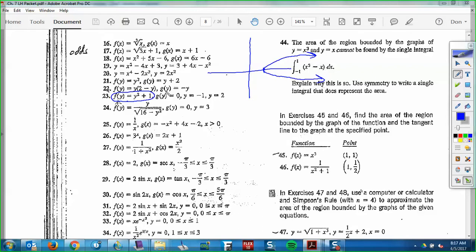Okay? And then what is this? Skylar, what's g of y equals 0? Which one? So let me ask it this way. What's g of y? What's another name for g of y?